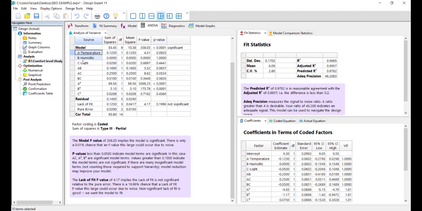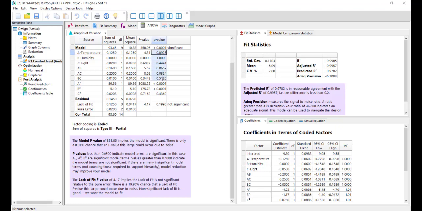We have main effects, interactions, and the second order effect of each factor. You can see which one is significant and which is not. Generally, if the p-value is less than 0.05, it indicates that the model term is significant.